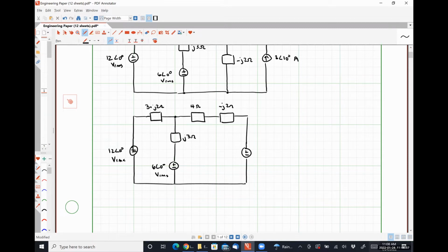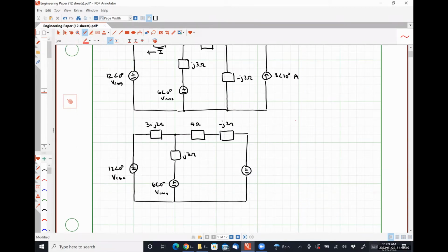So just to be clear here, I am saying that this negative J2 is the same as 2 angle negative 90 degrees ohms. Everybody okay with that? When we multiply 2 angle negative 90 times 3 angle positive 10, that's going to give us 3 times 2 is 6. And it's going to give us negative 90 plus 10, which is negative 80.